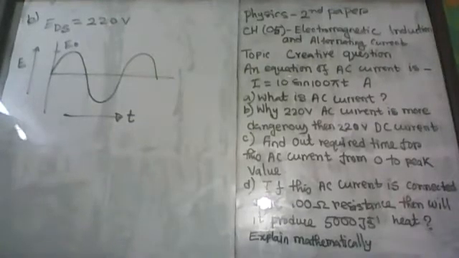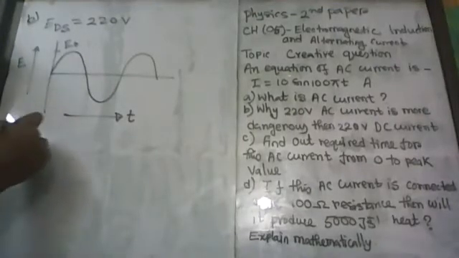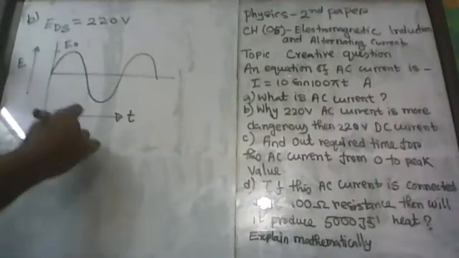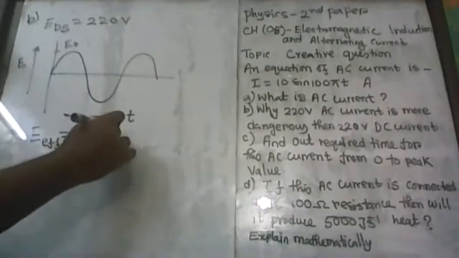The given 220 volt AC current indicates the effective voltage or RMS voltage. So the effective voltage or RMS voltage of this AC current equals 220 volt.